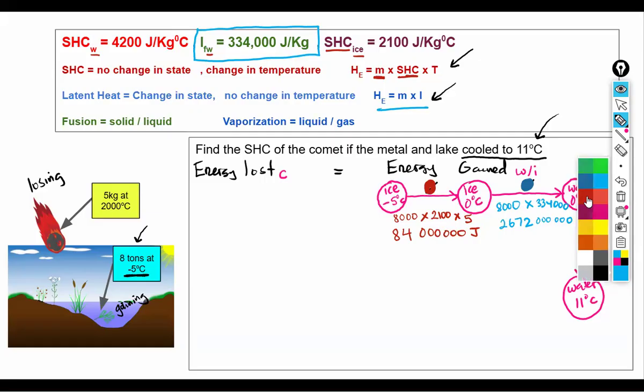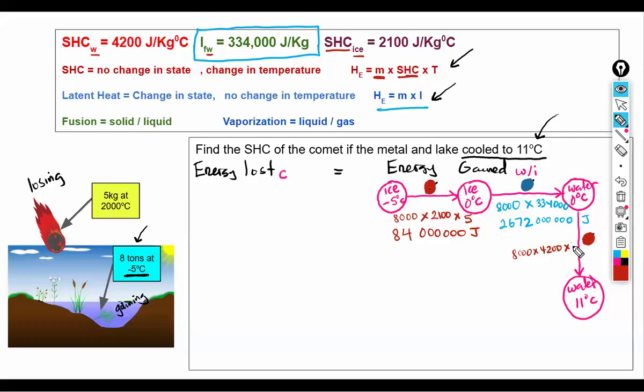For the red part here, it's going from 0 to 11, that's specific heat capacity. And right now it's water. So for this calculation, it's using this formula. The mass is still 8,000. The specific heat capacity of water is that. And how much is the change in temperature of the water?